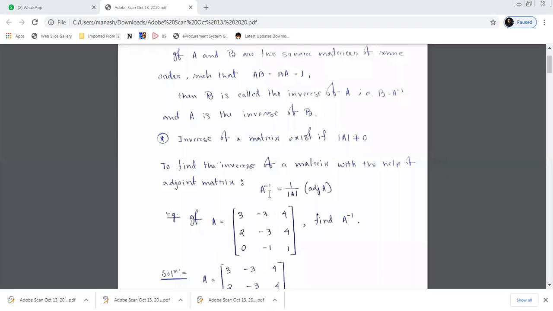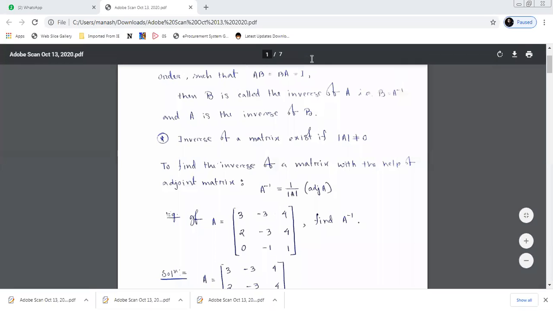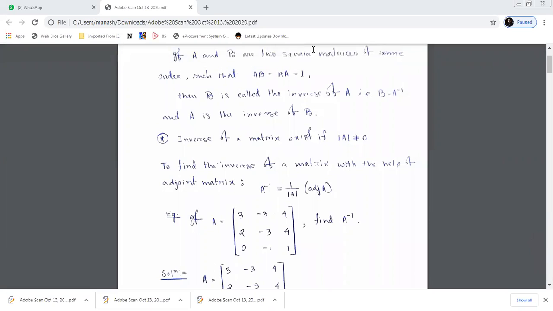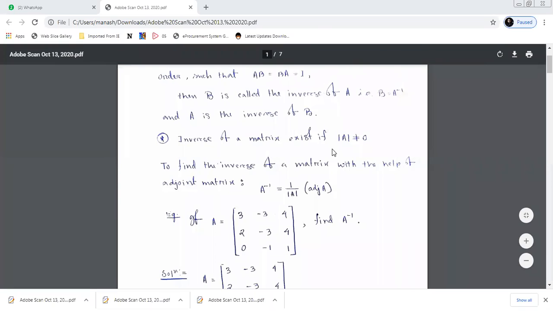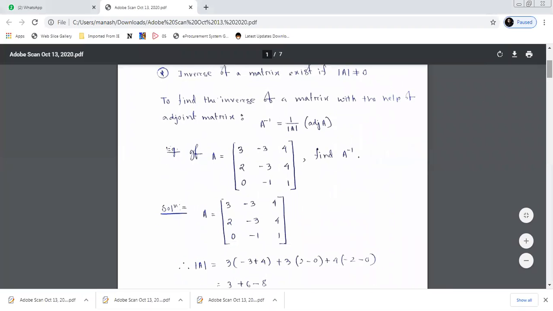There is one formula: A inverse equals 1 by determinant of A into adjoint of A. If the determinant of A equals 0, then A inverse does not exist. So for that, determinant of A must not equal 0.